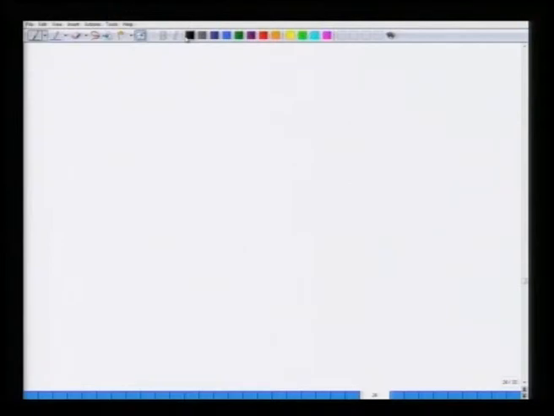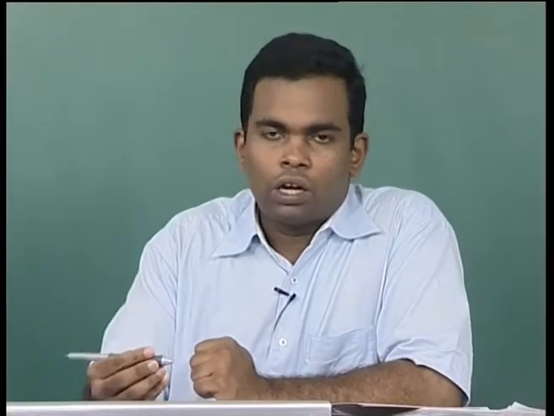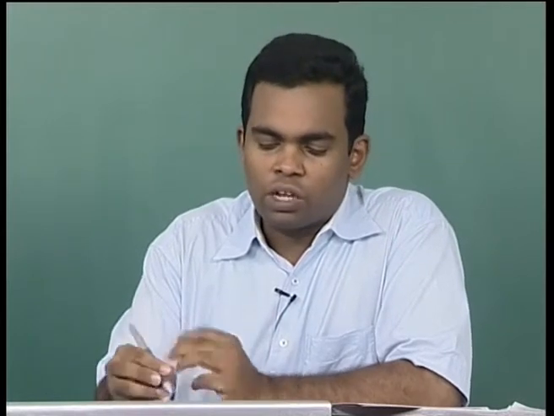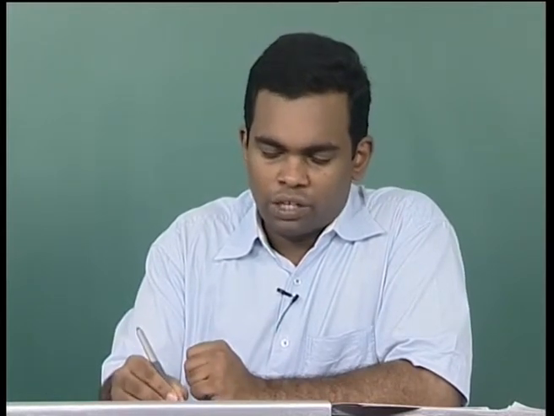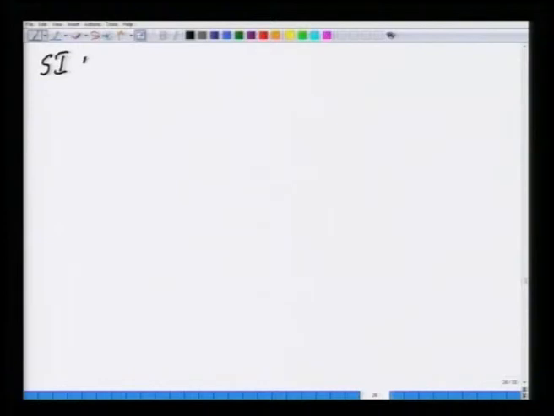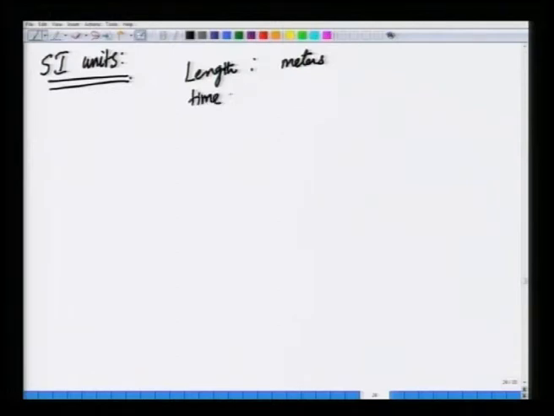As I said, units are conventions that everybody accepts to follow. The accepted convention in modern scientific usage is the SI units, where the three fundamental dimensions are measured as follows: length is measured using meters, time is measured in seconds.